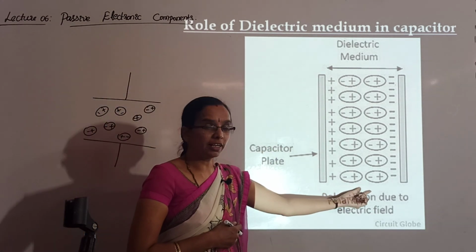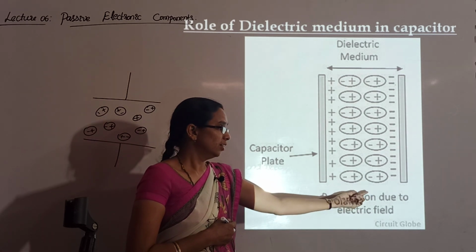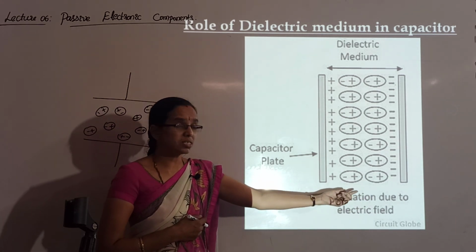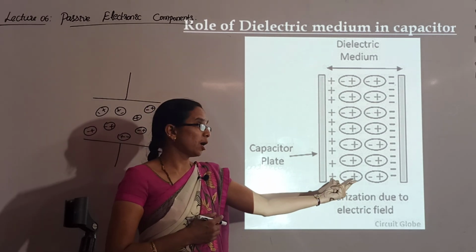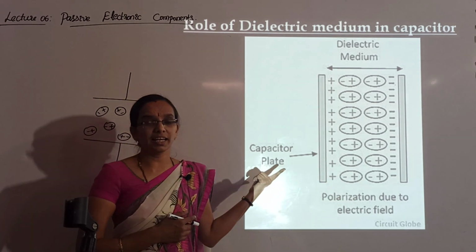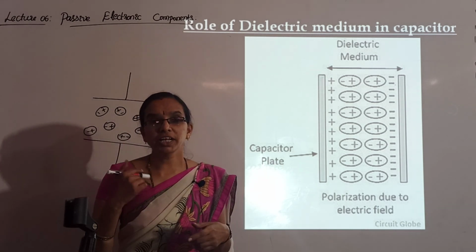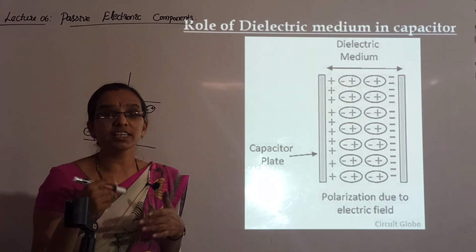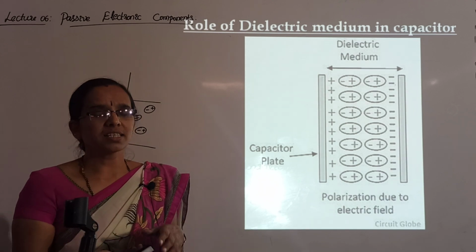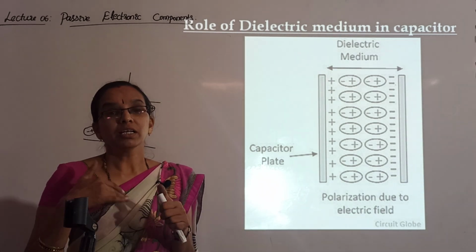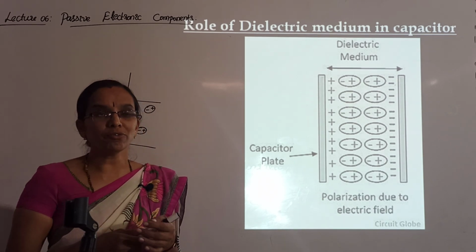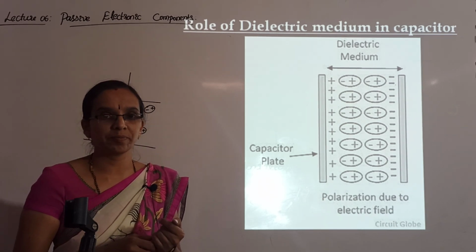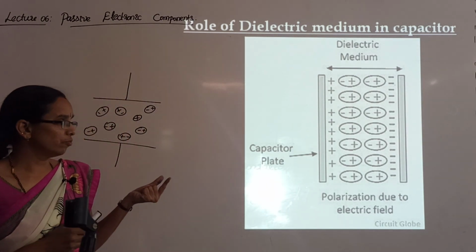Usually the electric field due to the polarization of the polar molecules will be less than the external electric field, but still it opposes the external electric field, which in turn increases the capacitance of the capacitor. That is, you can store more electric charge. So this is the role of the dielectric.